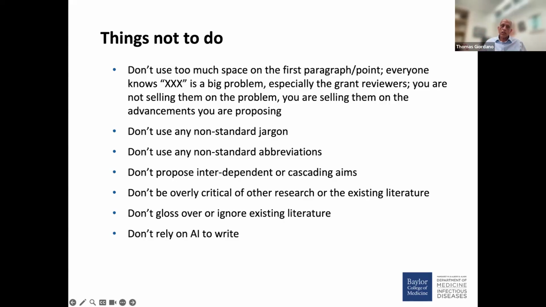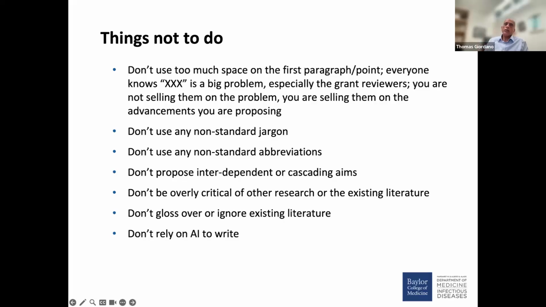Everyone knows HIV is human immunodeficiency virus. Fine, use HIV, but don't start making up abbreviations and then expect your reviewers to remember them. Sometimes you have to do that in the full document, but don't do it in the Aims page. Try to minimize it, because it makes it hard on the reviewer.